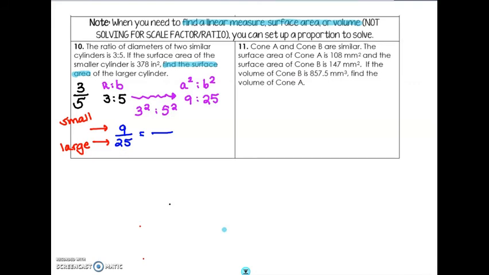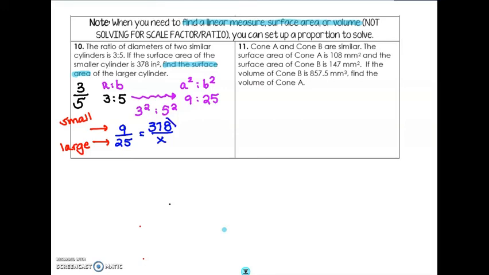When I put this 378 in, I need to put it in my numerator. It's talking about my smaller cylinder surface area, so it has to go in the numerator. Denominator has to be x because that's what we're solving for, the larger cylinder surface area.